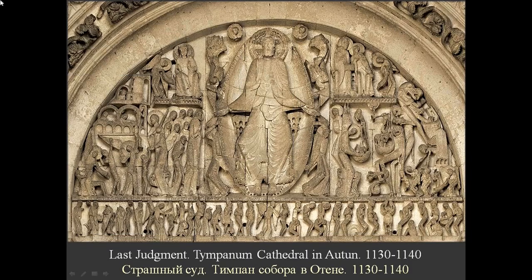So here we can see that the proportions of figures are frequently elongated. Sometimes they are shortened controversially. So the compositions are also quite symbolical. We can compare this composition of the Last Judgment from the tympanum of the cathedral in Autun, for example, to the compositional principles of the images of ancient Egypt.